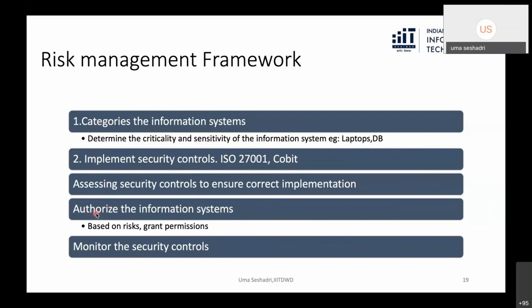This is equally important, so that also becomes part of your risk management framework. Based on the risk, you grant permissions. You do not give permissions to all of them. Then you monitor regularly. If I want to write it as a very small framework, this is it. If you can do this regularly on your system or in the organization, you may be able to establish the risk management strategies very safely.